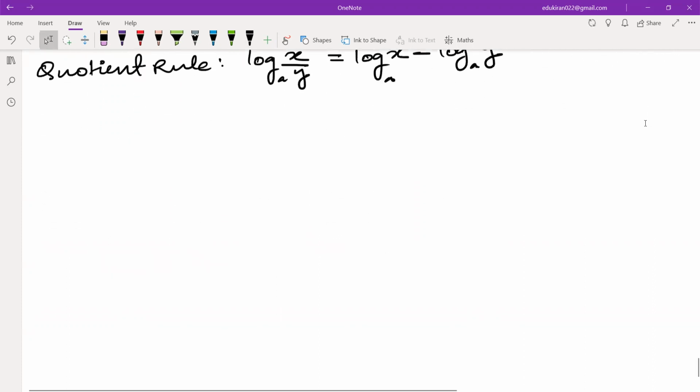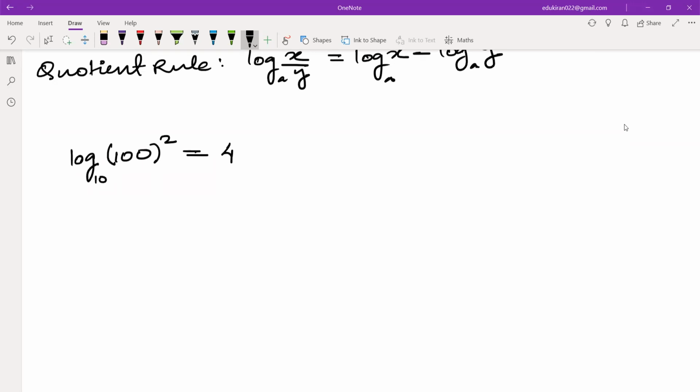Okay. Now you tell me, guys, what is going to happen if I say log of base 10, 100 square? This is going to be equal to 4. Okay, 4.